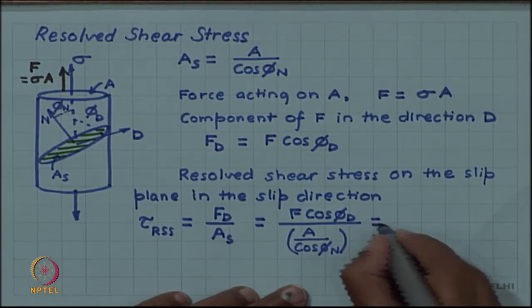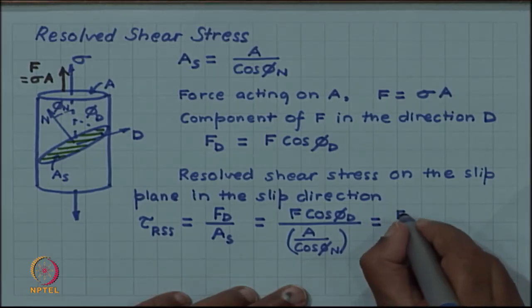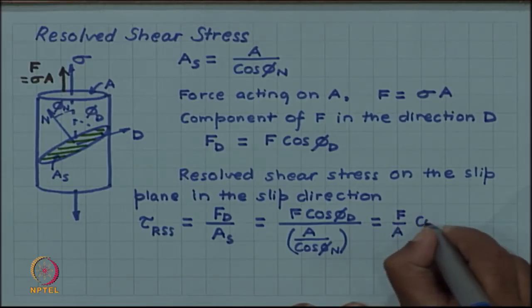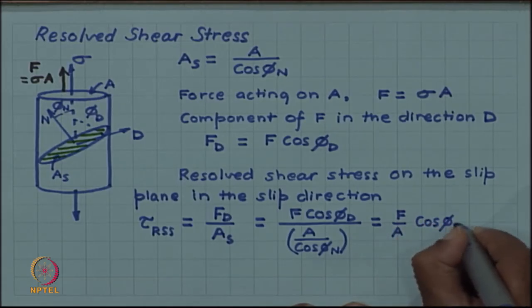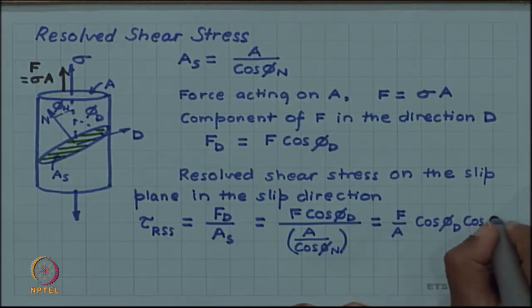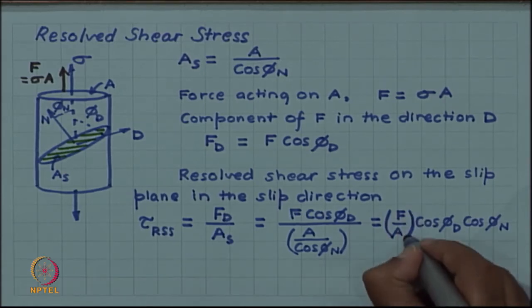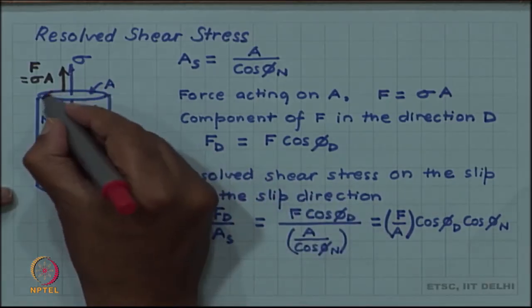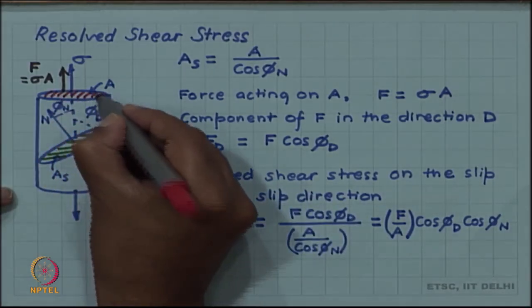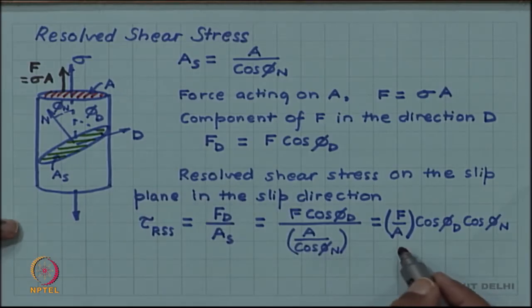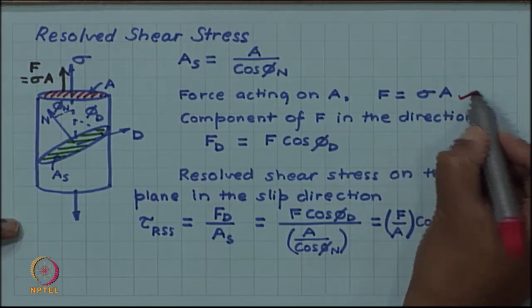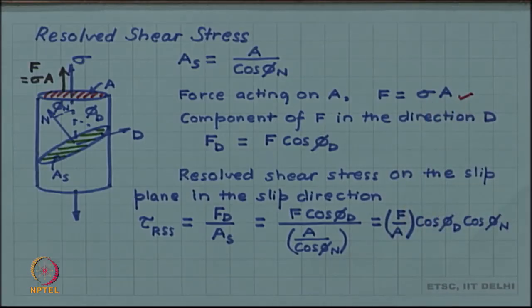So, we can write this as F by A cos phi d cos phi n. But note this F by A: F is acting on the cross sectional area and we are dividing it by the cross sectional area. So, F by A is simply sigma, the applied stress.